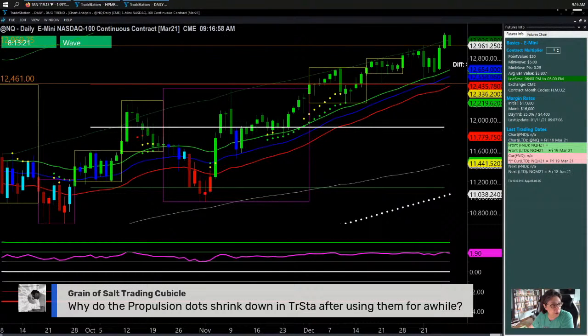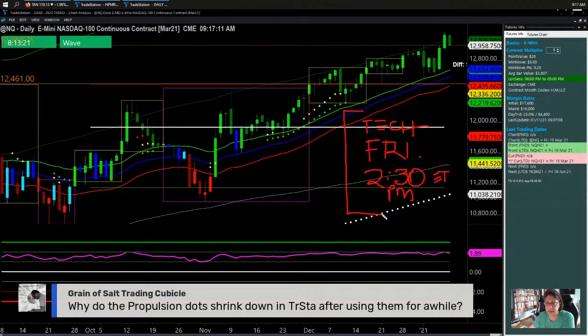Grain of salt, hey there. Why do propulsion dots shrink down? Oh, I didn't notice that they shrink. And by the way, for folks who are thinking, Rog, I kind of like the idea of using some of these tools, but oh my gosh, the tech. We have a Tech Friday session that I do for members at 2:30 p.m. Eastern, and I'm happy to talk about that then.